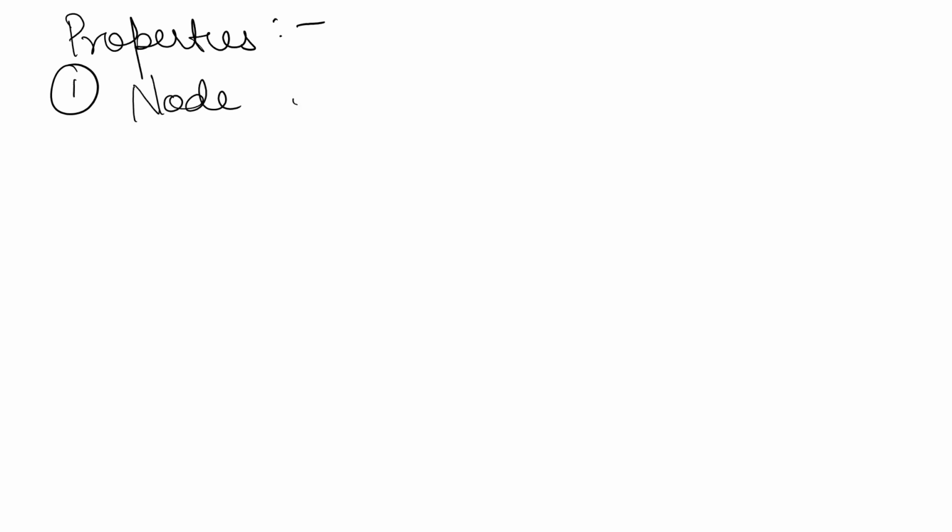Now let's start with properties. The first property is that your node should be either red or black.